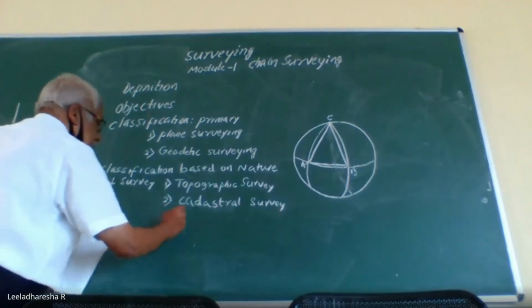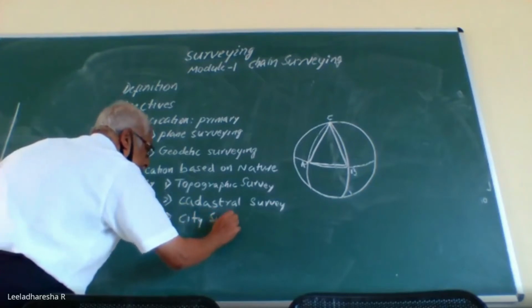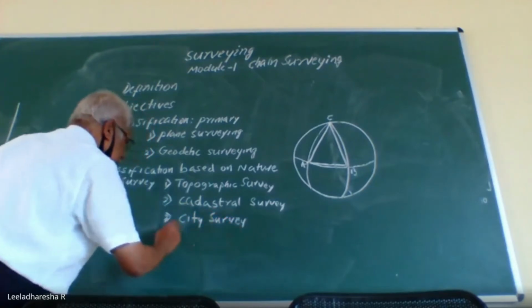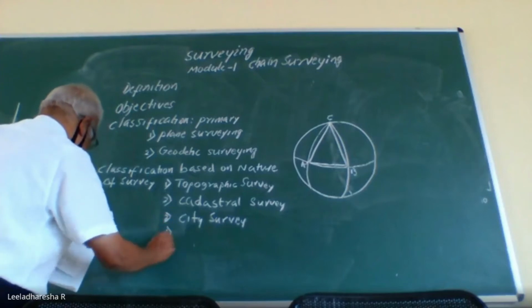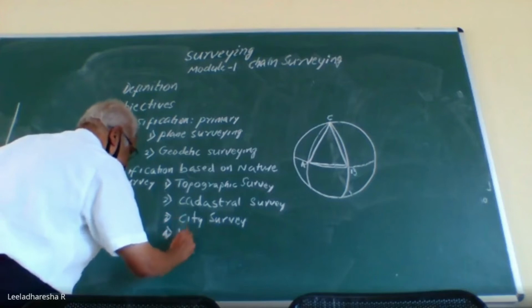The third one is called city survey. The fourth type is called hydrographic survey.